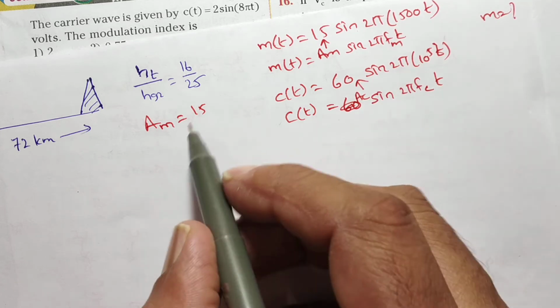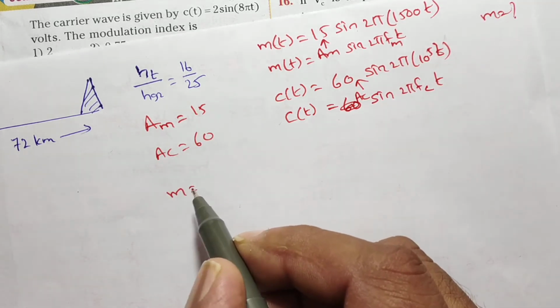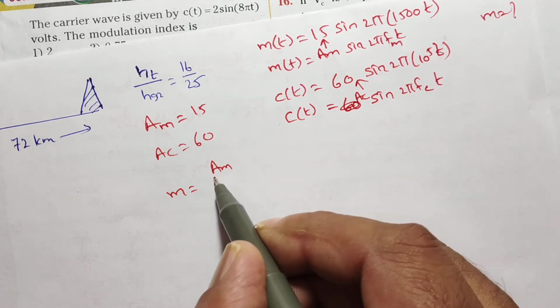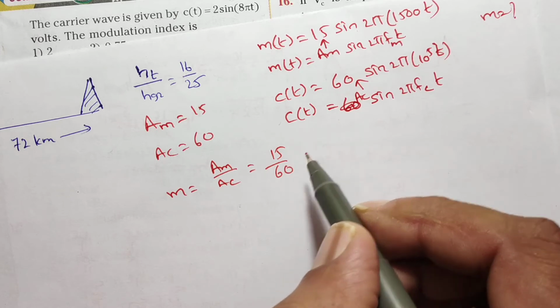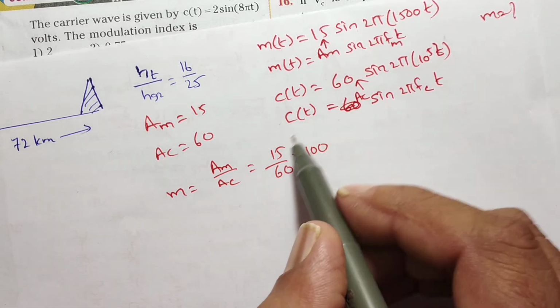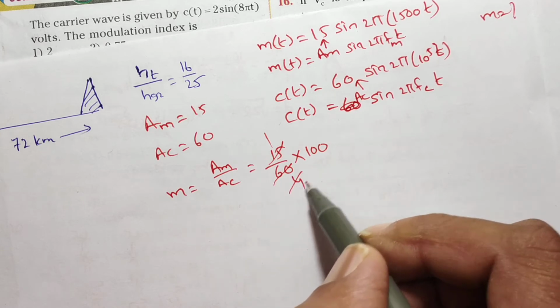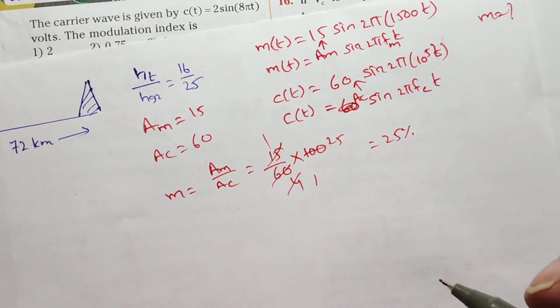Here AC we are getting is 60. Now the modulation index we have to find. M is equal to AM by AC. AM is 15, AC is 60. In terms of percentage, we take 100. 15 ones, 15 fours, 4 ones, 4, 25. That means we are getting 25%.